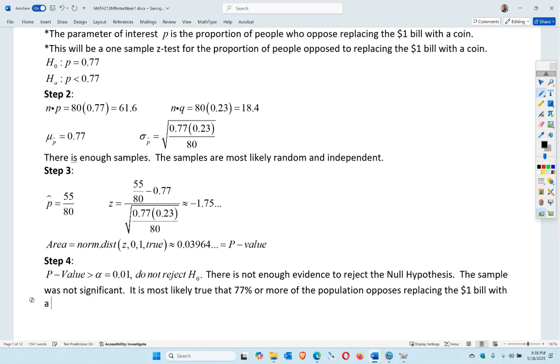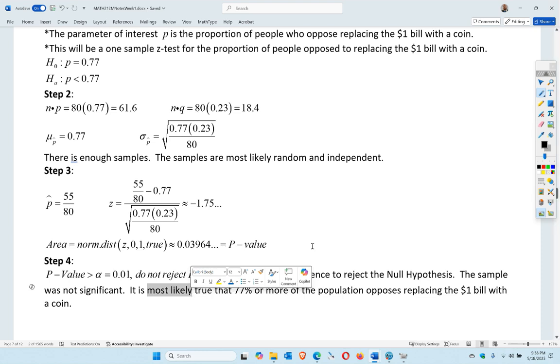So that's the sentence in context, basically. Okay, so we do not reject the null hypothesis. That means the null is probably true. Notice how I'm saying most likely, because again, just like confidence intervals, you're never absolutely sure, right? All we know is it's the most likely outcome based on the evidence that we have. So we have to go with the basic standard belief because we didn't prove otherwise, essentially.